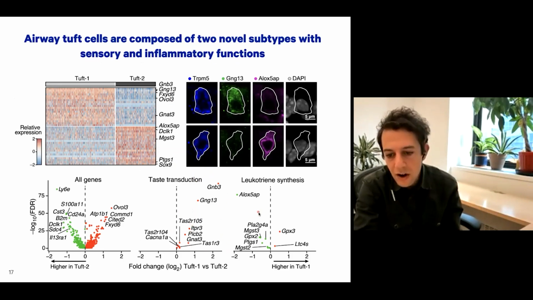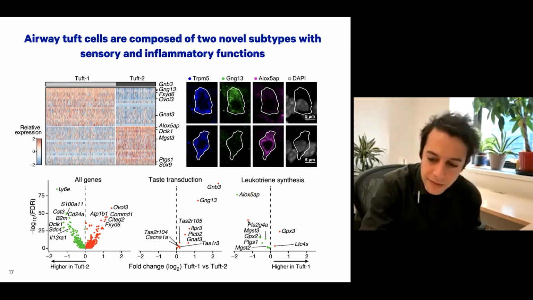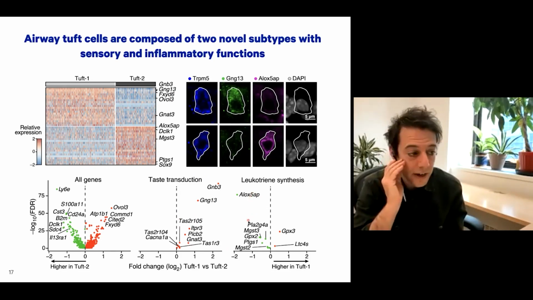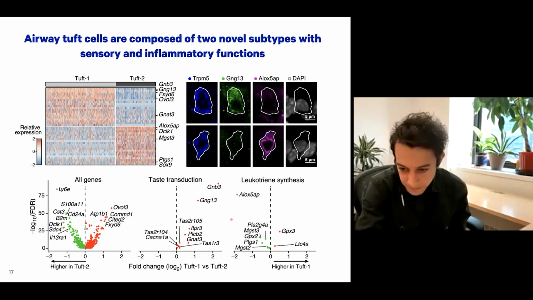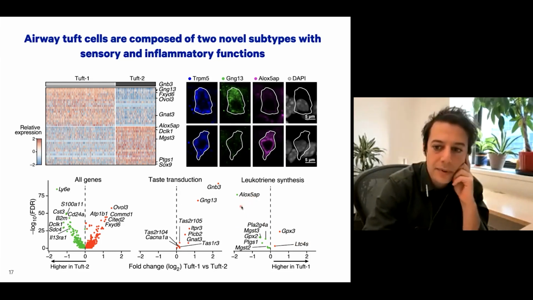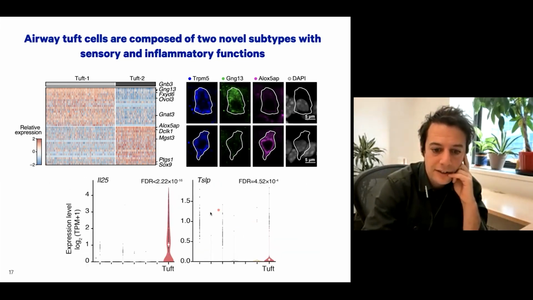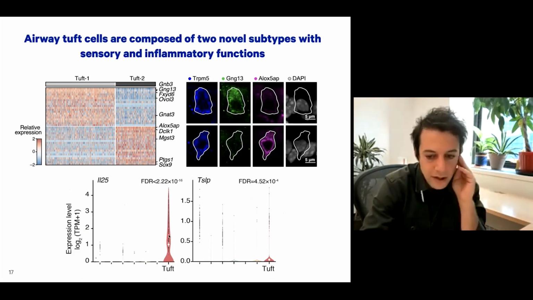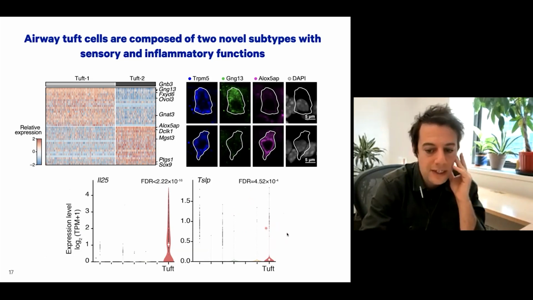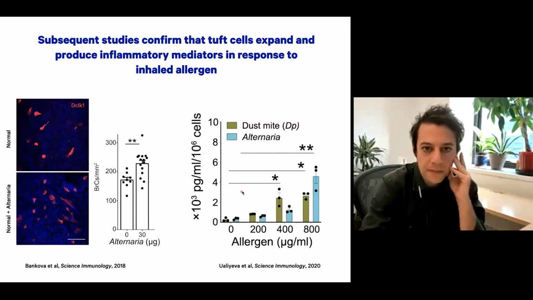And on the left, a bunch of molecules that encode enzymes that are involved in the synthesis of eicosanoids, particularly cysteinyl leukotrienes, leukotriene C4 synthase, and FLAP, ALOX5AP, particularly important for producing these inflammatory eicosanoids. We again saw that IL-25 was specific to tuft cells in the airway, and that there was an enrichment, although relatively weak, for TSLP in mouse tuft cells.